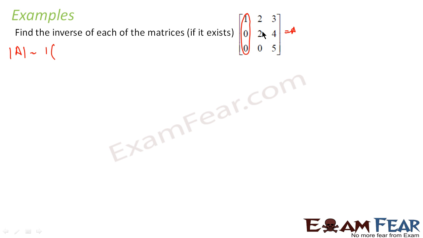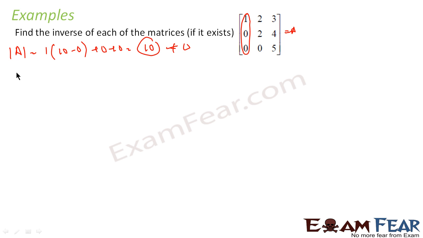So 1 into 5 into 2, that is 10, minus 0 plus 0 plus 0. So the determinant of A is 10, that is not equal to 0. So that means I can find the inverse because the determinant is not 0.